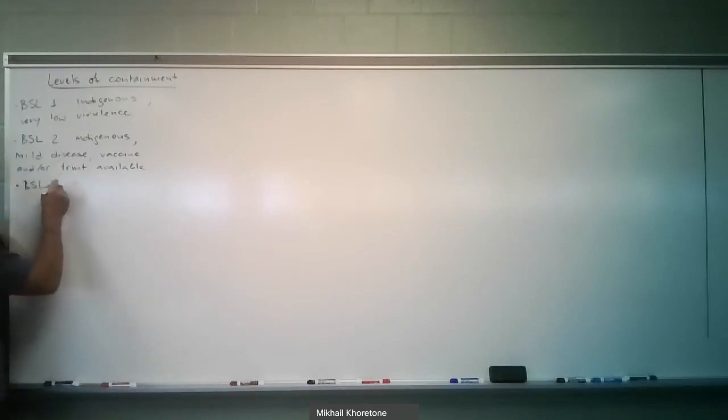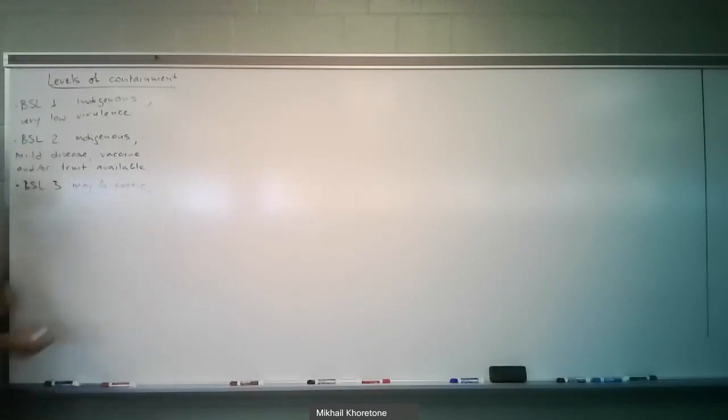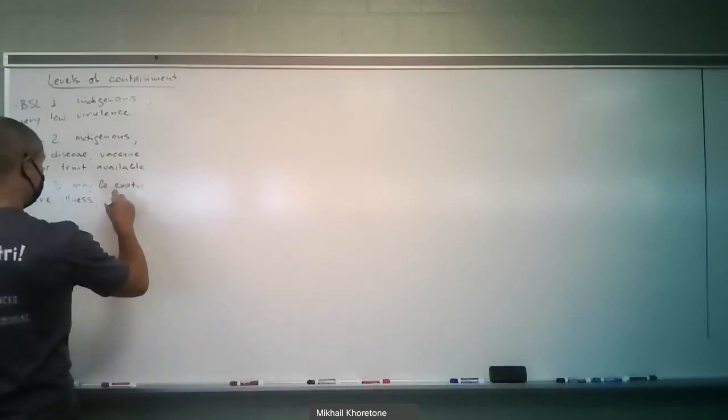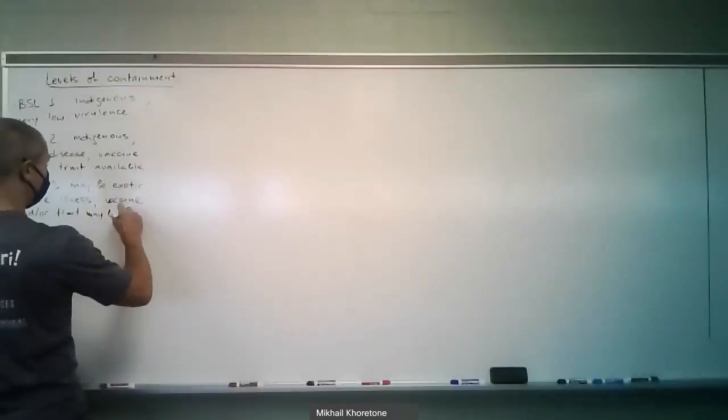BSL 3 may be exotic, meaning that it may come from some other location. So BSL 2 example would be rhinovirus. It's common cold. BSL 3 may be exotic. Illness can be severe. Usually vaccine and or treatments may be available.